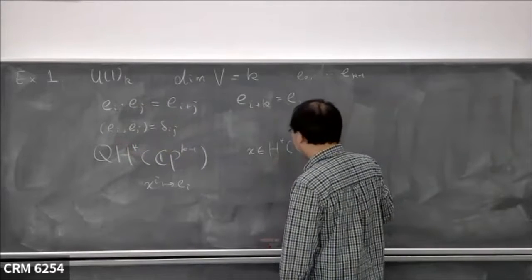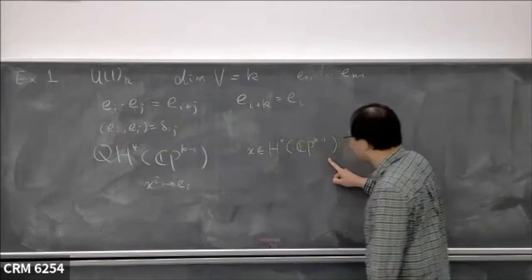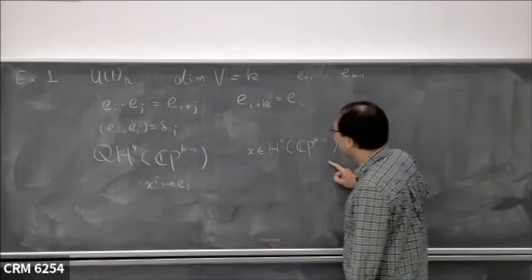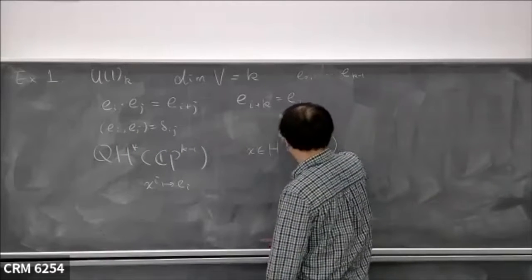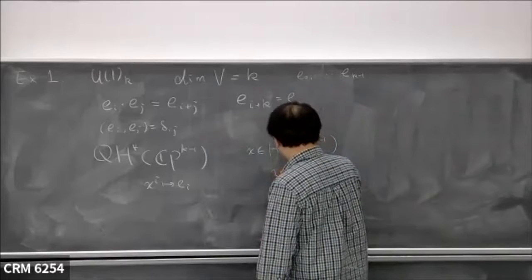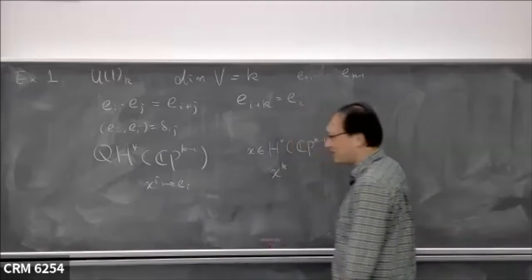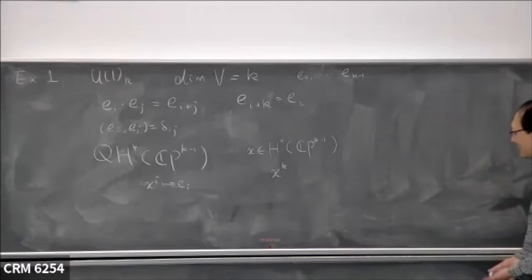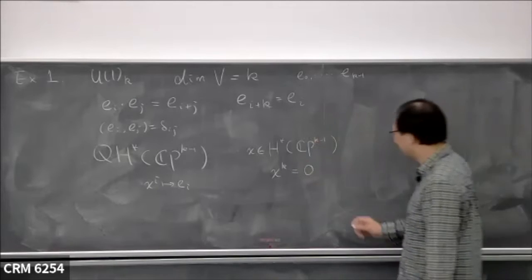Something is a little bit funny, because we know that here the relation is quite different from this relation. So here, if we take, for example, X to the K-th power or any higher power, it will be 0. But this is a classical relation.